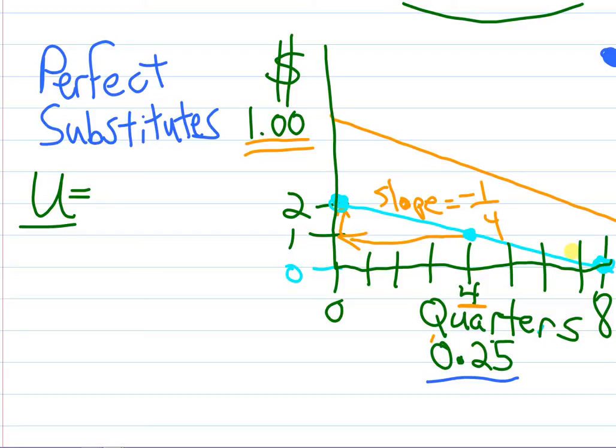Now, what most people do, including me the first time I did this, is think that this utility function would give it to you, that utility equals 4 times the number of dollars, I'll say D, plus 1 times the number of quarters. Now that's wrong.